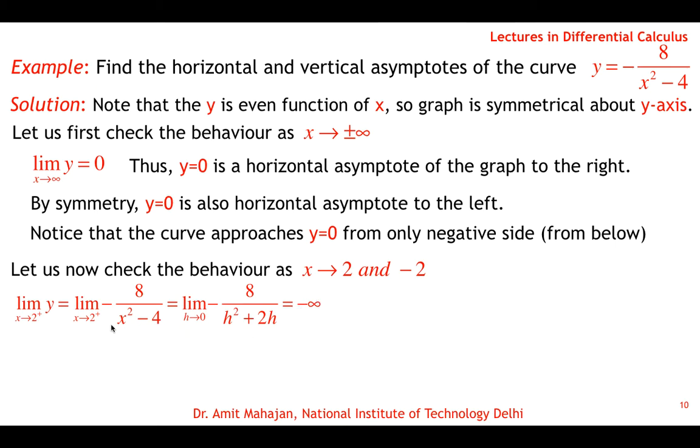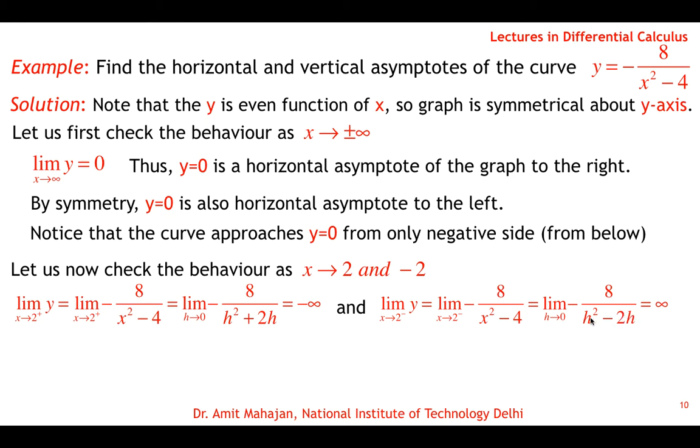Okay, similarly if I check the limit x goes to 2 from the negative side, then I can substitute x as 2 minus h, and then check limit h goes to 0. So if I open 2 minus h square, then 4 will cancel out and the denominator will be h square minus 2h. Now when h goes to 0, h is very, very small, then the h square term will be less than the 2h term.